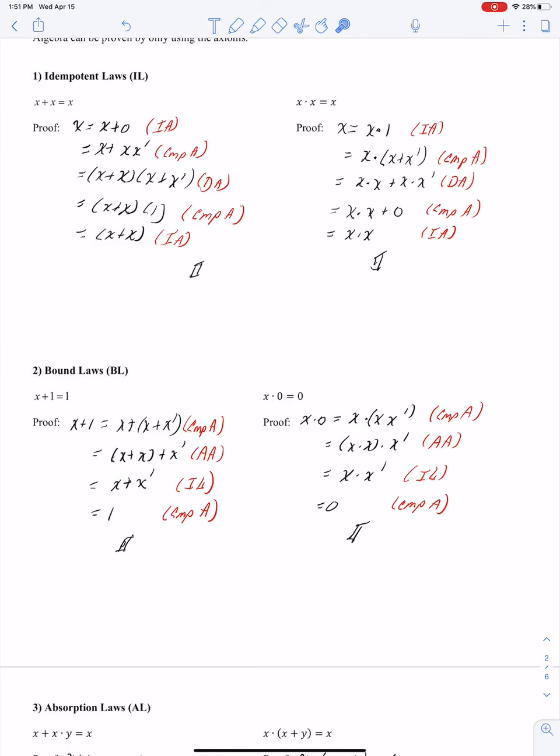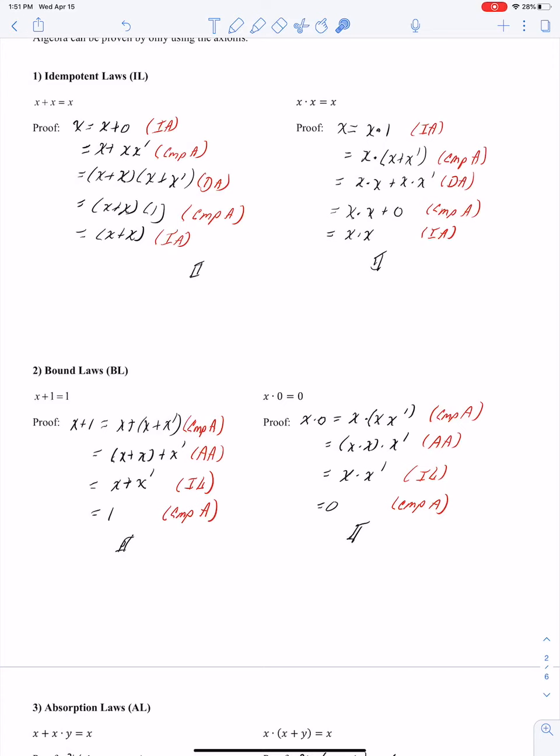You should note that had I not proven the idempotent laws first, I could not use it here. Right? So the order I proved these was important. I needed the idempotent laws to prove the bound laws. Right?